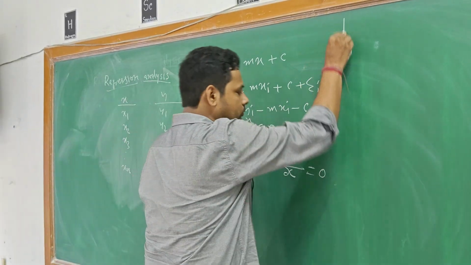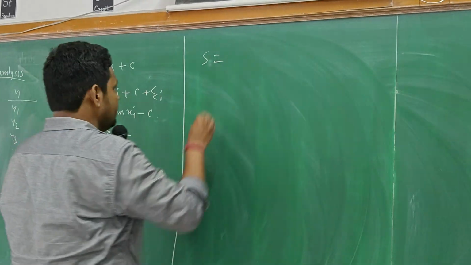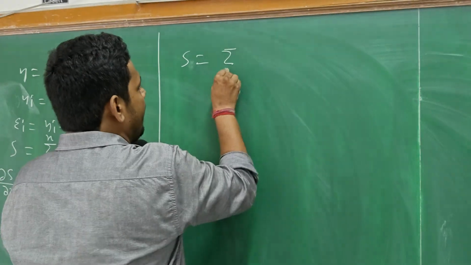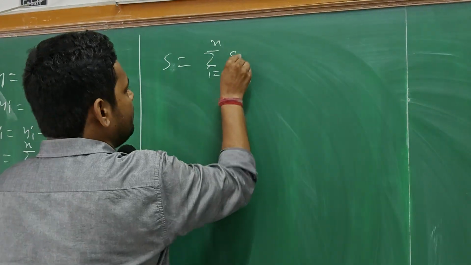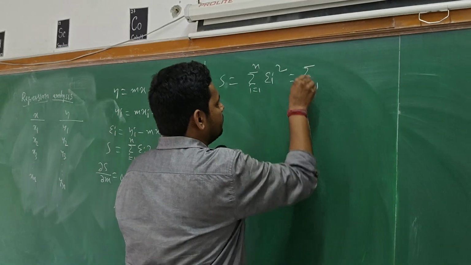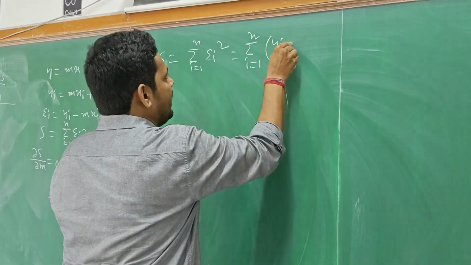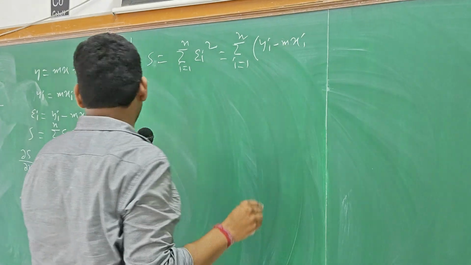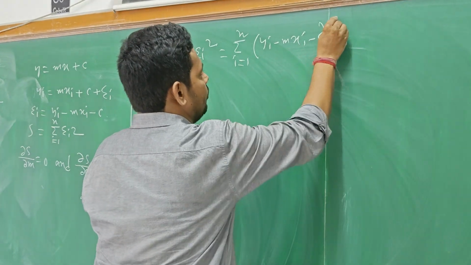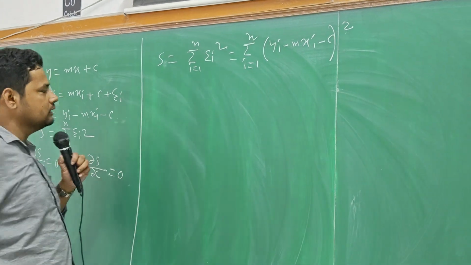So next what we will do? s equal to summation i equal to 1 to n epsilon i square, and epsilon i is yi minus mxi minus c whole square. So this is the expression for s.